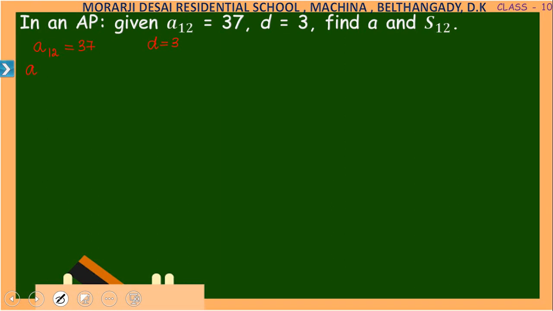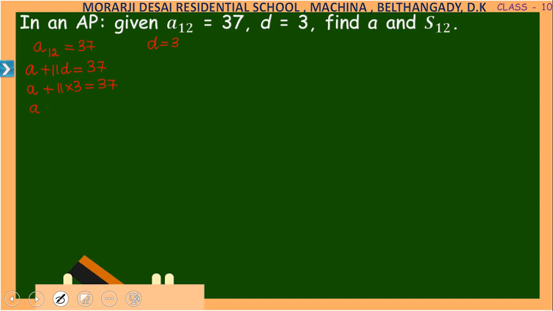a12 is equal to a plus 11d. an is equal to a plus n minus 1 into d. So a12 is equal to a plus 11d is equal to 37. We have a plus 11 into, what is d? d is 3, is equal to 37.